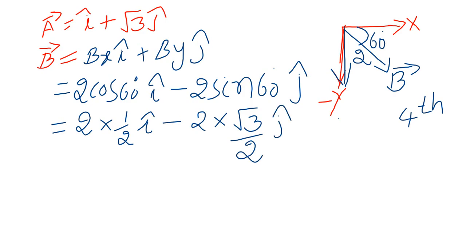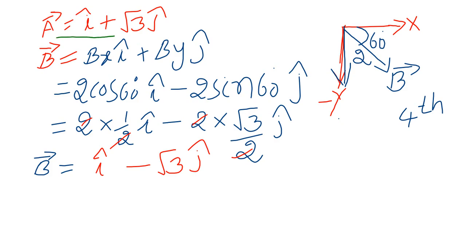So b bar is i cap minus root 3 j cap. So a bar is i cap plus root 3 j cap, b bar is i cap minus root 3 j cap.